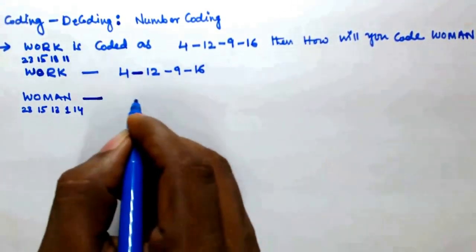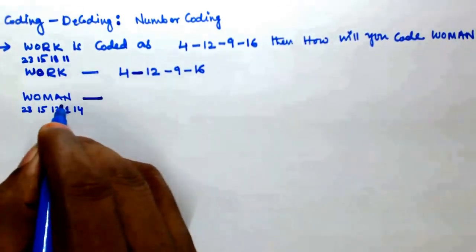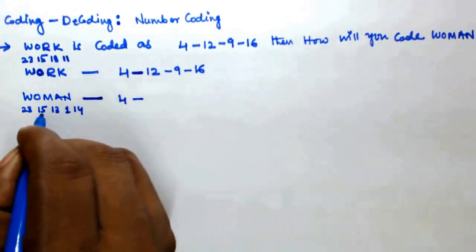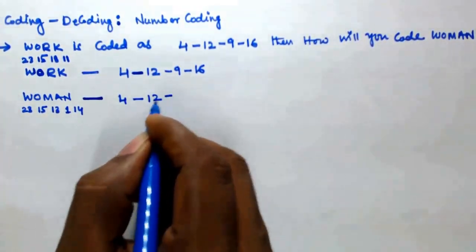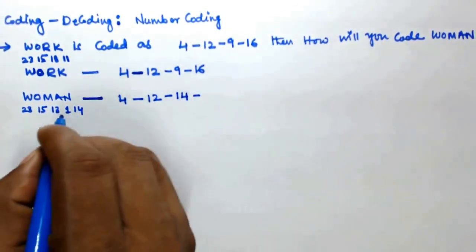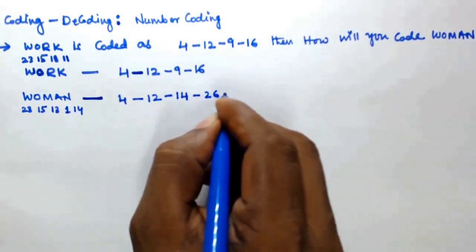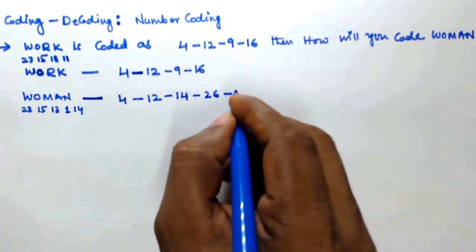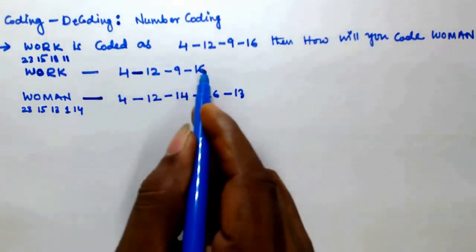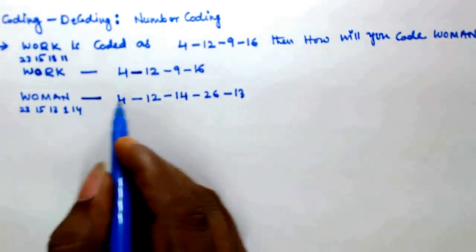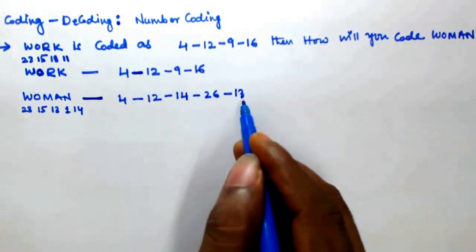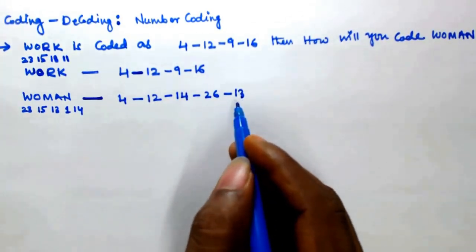Now the reverse alphabetical order: 27 minus 23 is 4. 27 minus 15 is 12. 27 minus 13 is 14. 27 minus 1 is 26. 27 minus 14 is 13. So if WORK is coded as 4, 12, 9, 16, then WOMAN is coded as 4, 12, 14, 26 and 13. So I hope you got this one.